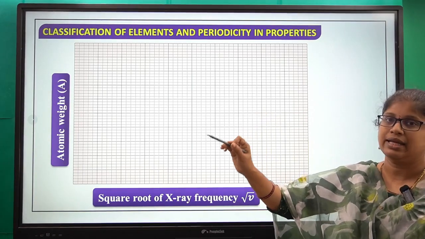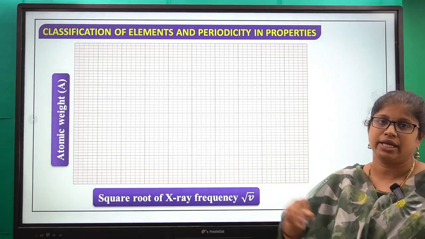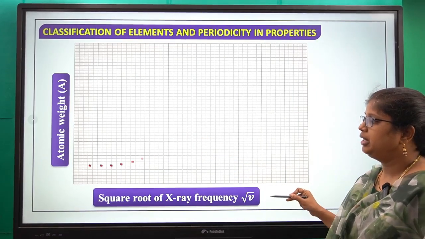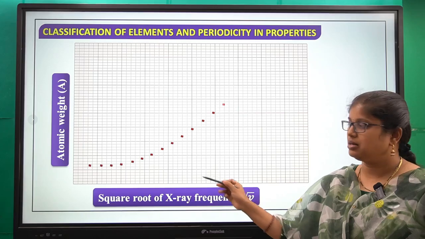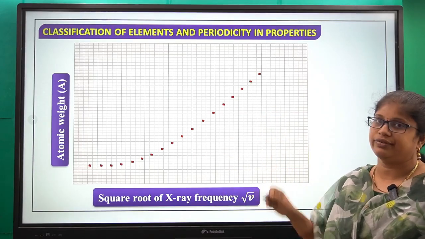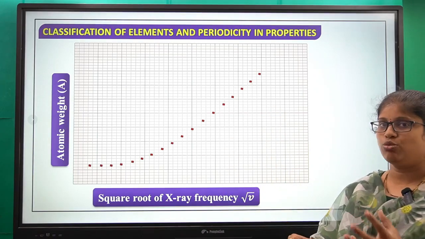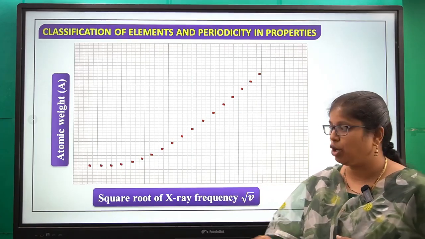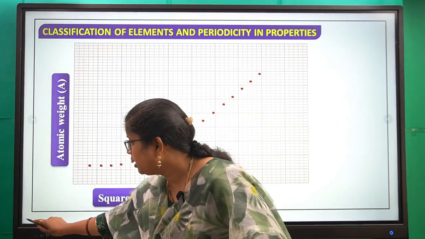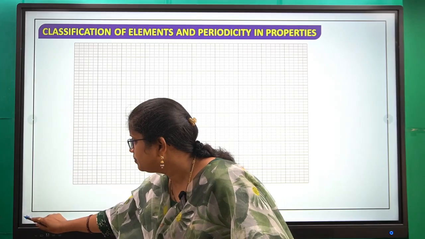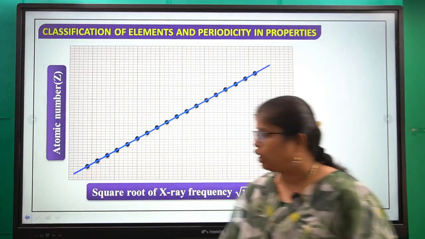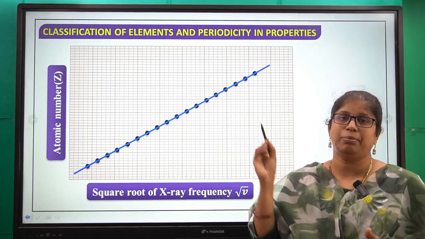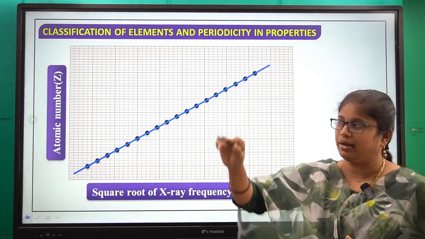Previously he had taken atomic number, now he has taken atomic weight, and he got the result like this. So he got a curved line. So based on this, we can say that when he took atomic number into consideration, he observed a regular pattern, a straight line.